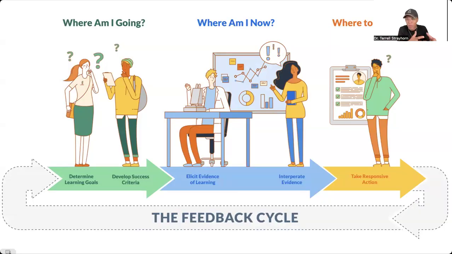We can assess where they should begin. And then after the point of instruction or during the point of intervention implementation, we can collect data and evidence to assess learning as it is occurring. We can use that in a more summative way to take responsive action, and then the feedback loop begins again.